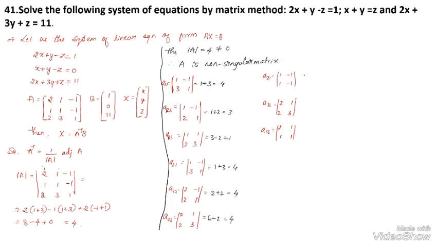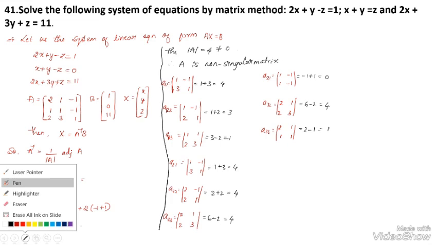Again 1 into minus 1, minus 1 plus 1. Here 2 into 3, that is 6 minus 2. 2 into 1, 2 minus 1. Minus 1 is 0, 4 and 2 minus 1, that is 1. Now, these are the minors of the given matrix. Now, I can simply take the cofactors.